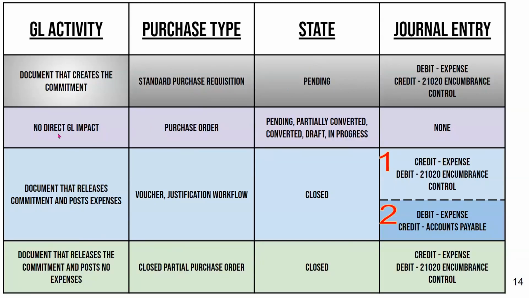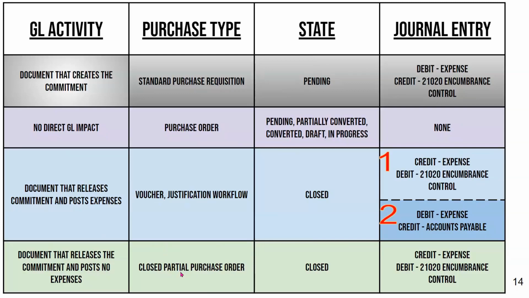That purchase order document simply exists for us to be able to print the official purchase order for the tribe that we can provide to our vendors. So regardless of its status, the document itself does not affect our general ledger. What we convert it to does. If we make a payment, where they're converting it to a voucher or justification, that's when our general ledger gets impacted and the encumbrance can get released.